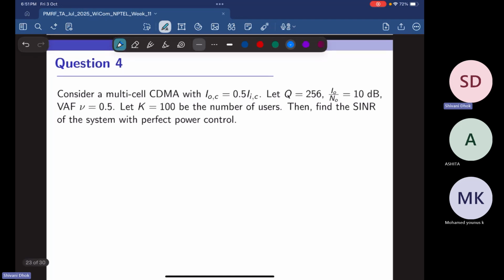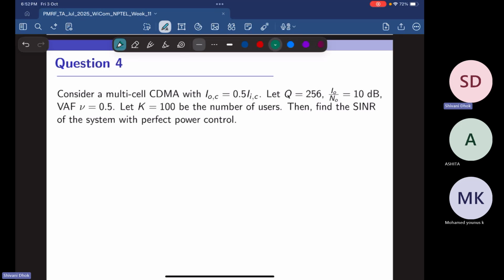Okay. So this is question number 4 that you have. It says: consider a multi-cell CDMA system. So you have multiple cells, with other cell interference to be half of your intracell interference.